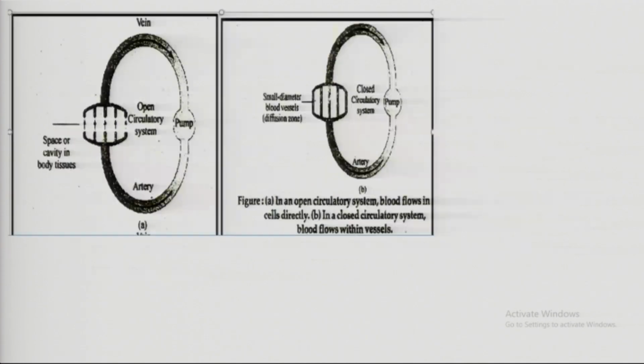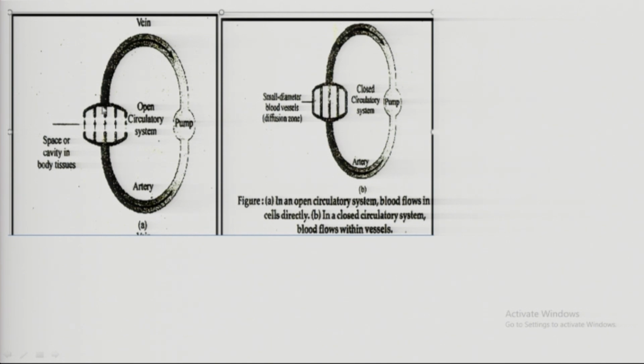And now we can see on this diagram here. Are you getting this? This shows when the blood is pumped from the heart, it passes through the artery, then when it reaches here, there are no vessels, there is a space. This space is what you call a mucosa, and then the blood is going to be spread there.